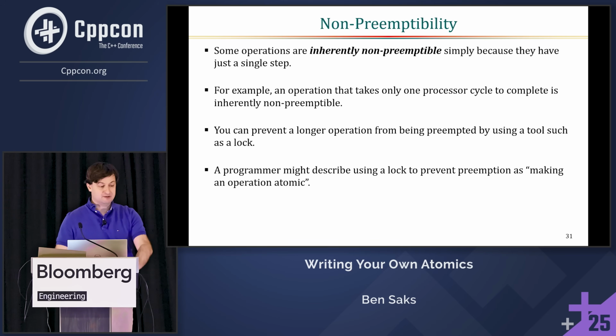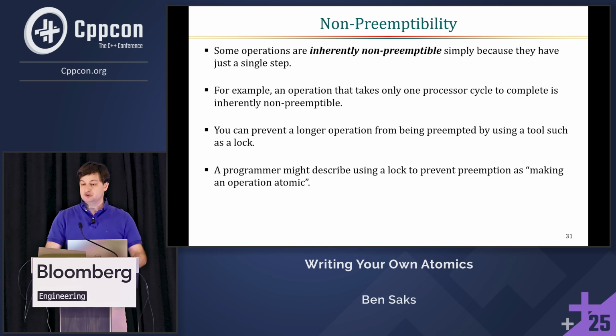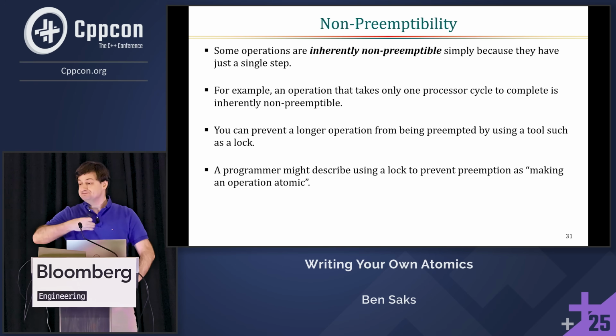And so if you want to prevent a longer operation like that from being preempted, you either need to use some tools like locks to prevent that, or you need to use instructions that are going to ensure that nothing else interferes with that operation that you're trying to perform.